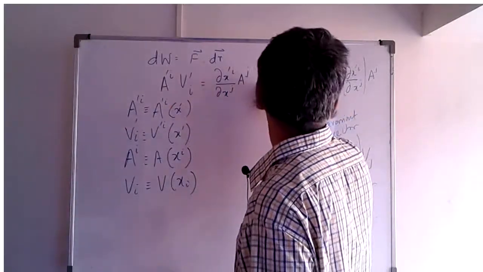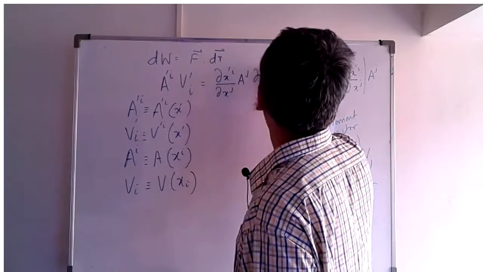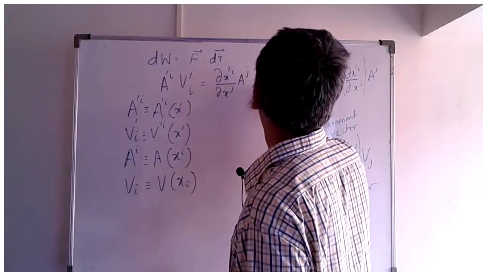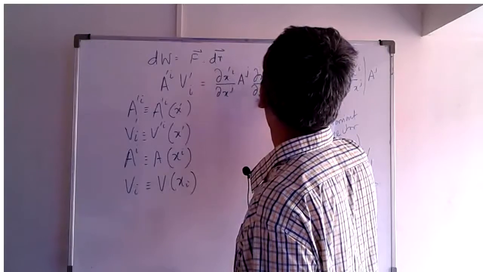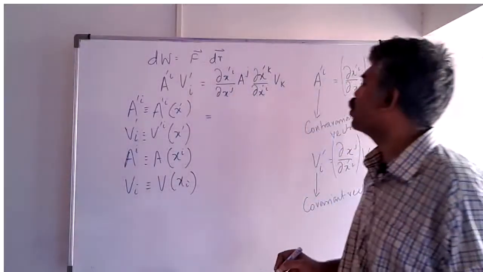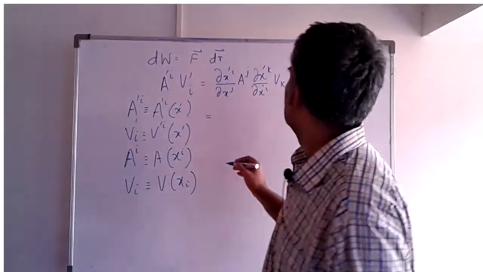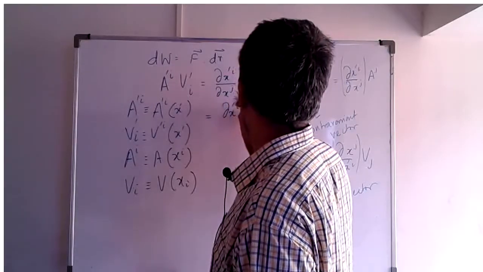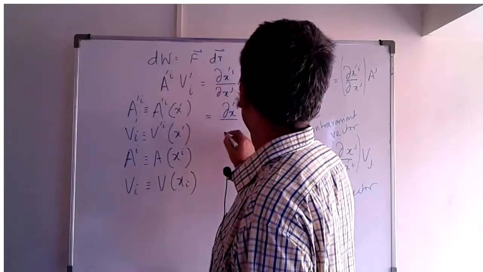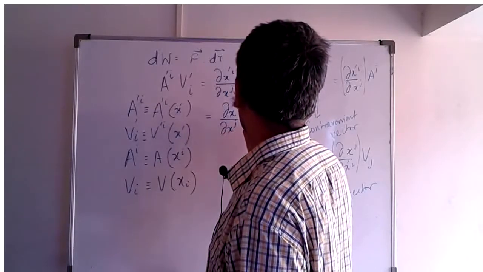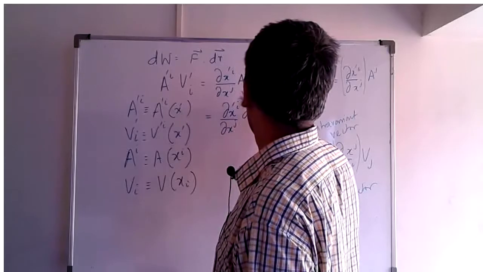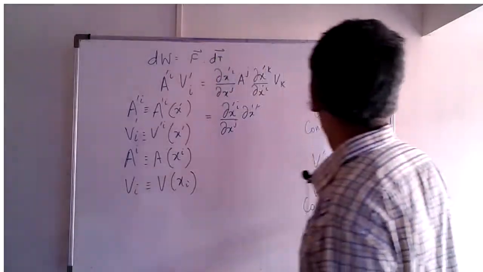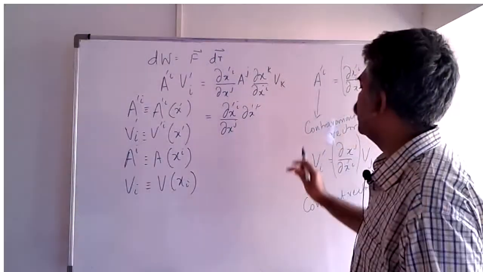So this should be del x prime i, suppose I am taking k, v_k. Now this is del x prime i del x j, and there shouldn't be a prime here.